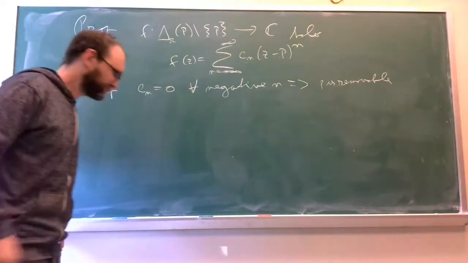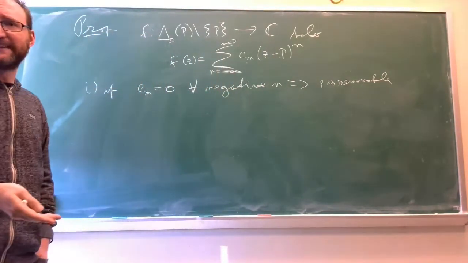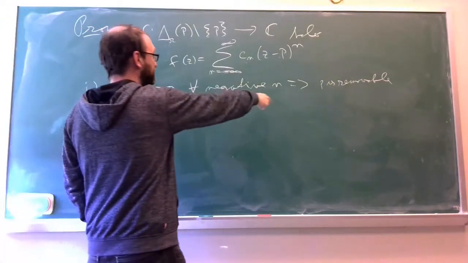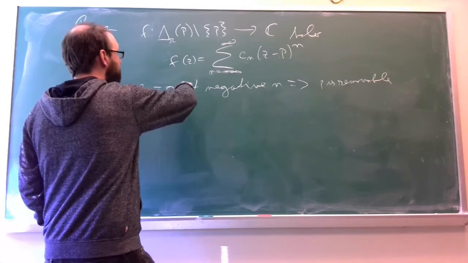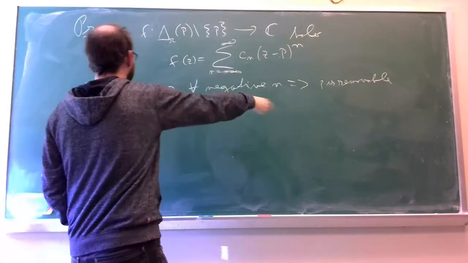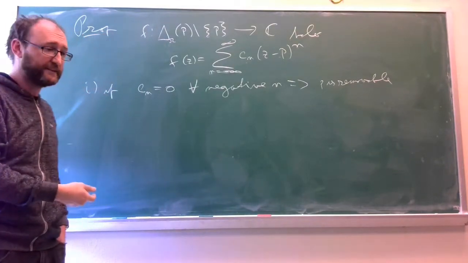right? And that follows immediately, right? Because if c_n is 0 for all negative n, then this is just a power series, right?